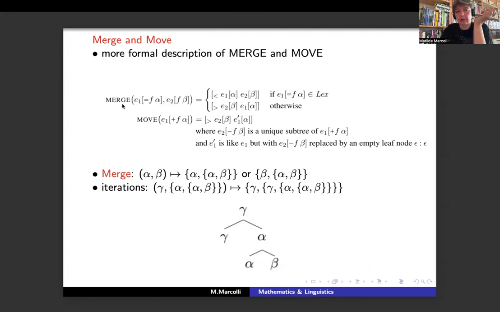So you can write that out, instead of with the pictures that I just showed, explicitly as a formula, what merge does and what move does. And note that in the new formulation that I will be talking about later, this description of merge and move changes quite significantly.